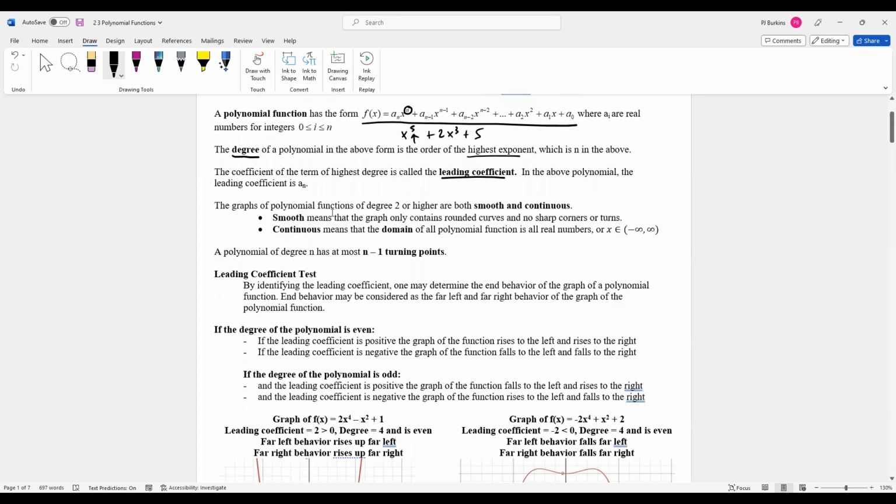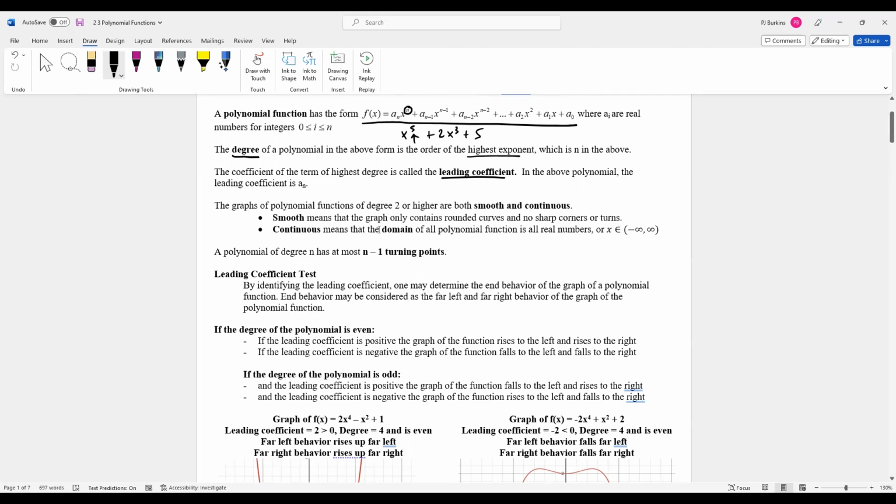One nice thing about polynomial functions, especially of degree 2, right, quadratics, or higher, they are always smooth and continuous. Now, when you get to calculus, this is going to be really nice, right? When we talk about continuity, that's going to be fantastic for taking derivatives and integrating functions.